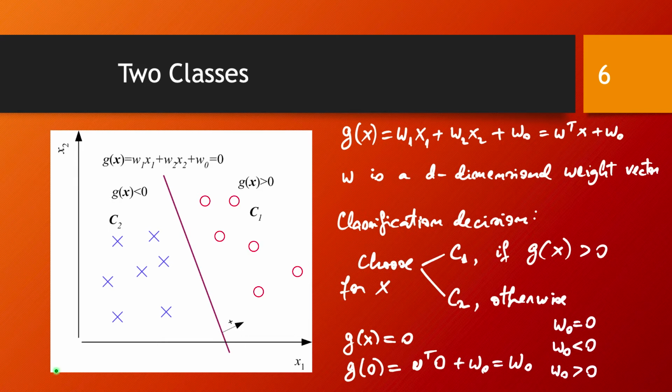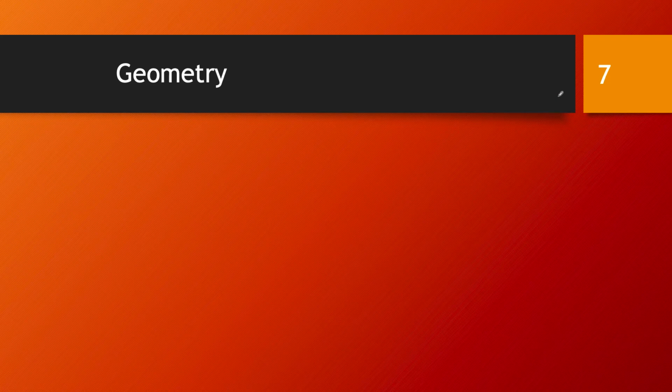I want to open up a little bit more the geometry of this binary classification problem and discuss even more about the significance of this hyperplane that we define in this case. So here are a few points I want to make about this. Let me just reproduce on this slide the figure we had on the previous one. This is x1 and x2.